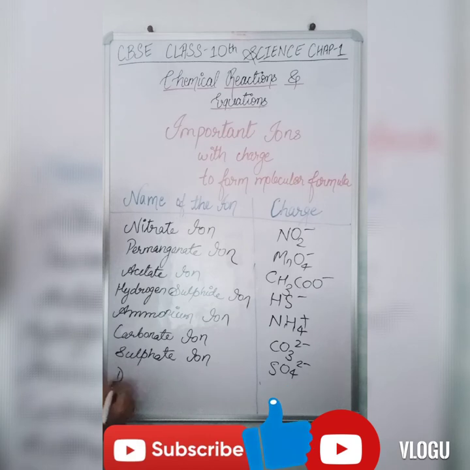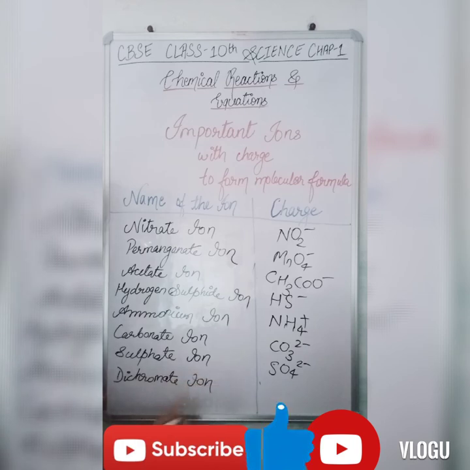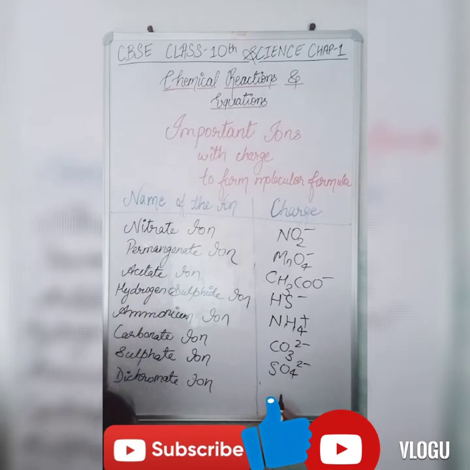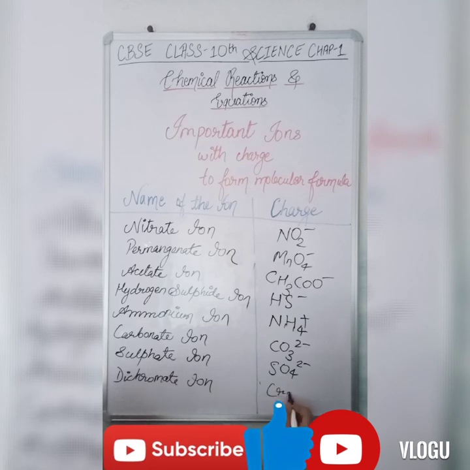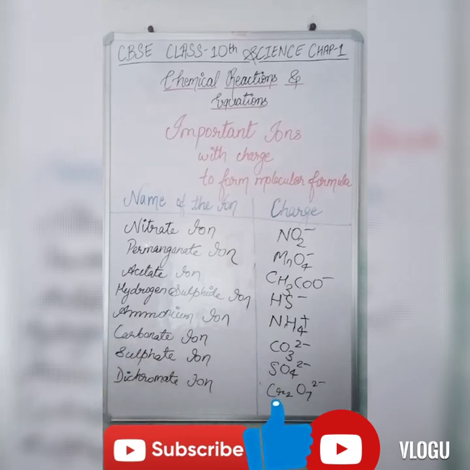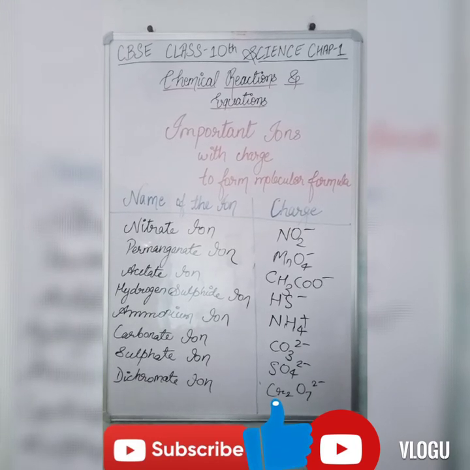Dichromate ion is Cr2O7 2 minus. Phosphate I have not written here.